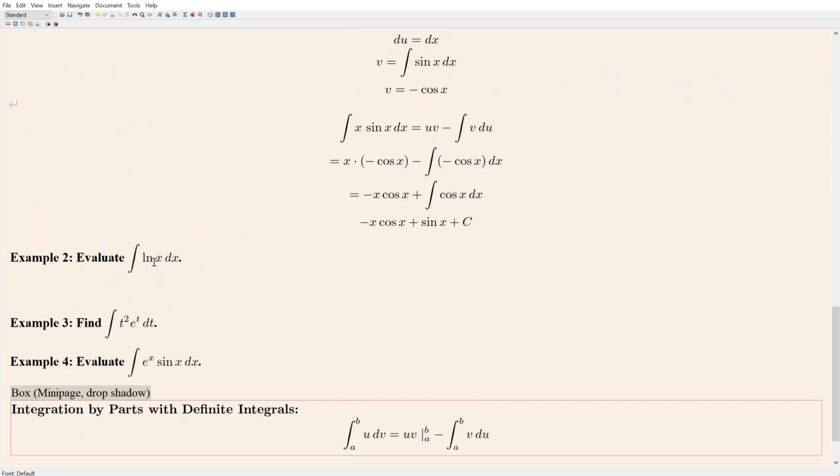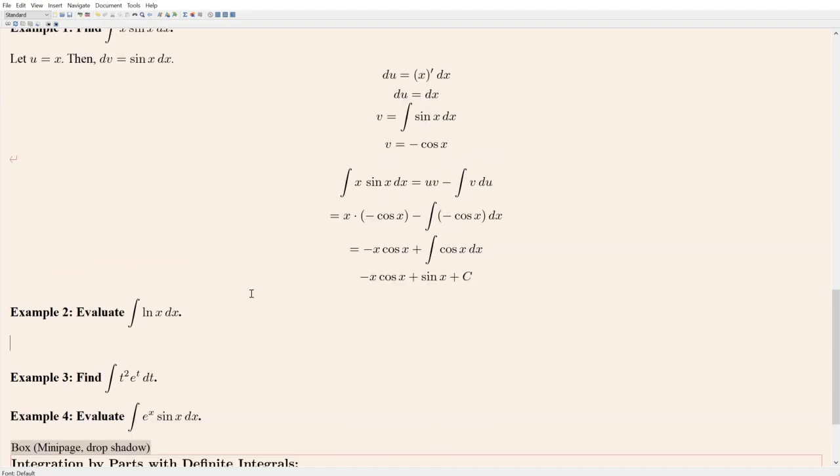You can still imagine that this is a product. It's the product of natural log x and 1. So you can be pedantic like that and say, no, it's still a product. But this strategy is still useful for integrating single functions. Now in this case, when it comes to figuring out what u is, we really don't have any choice.